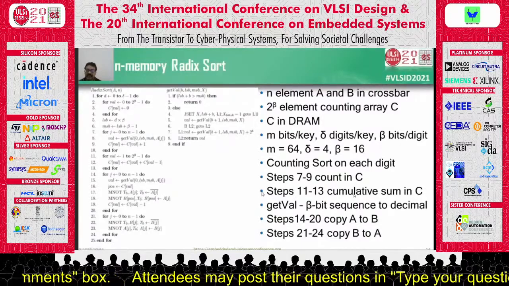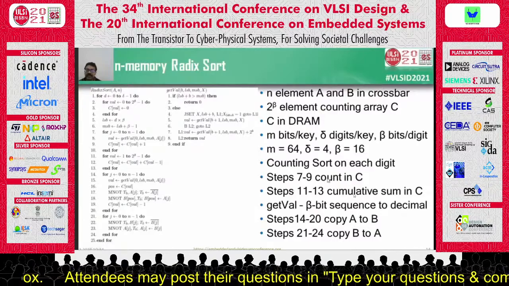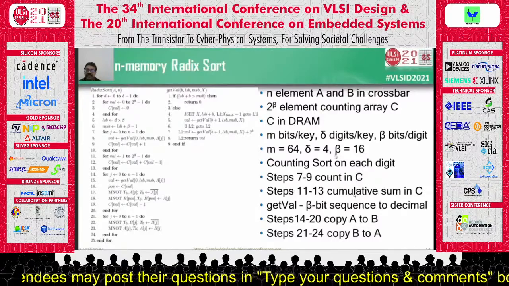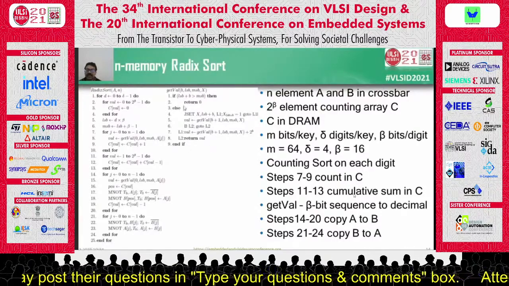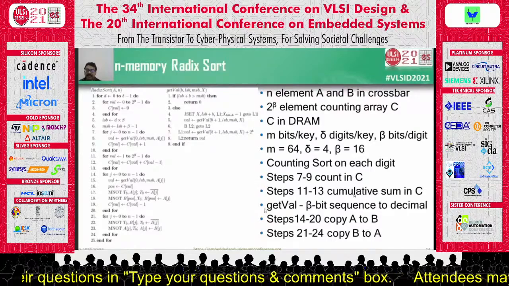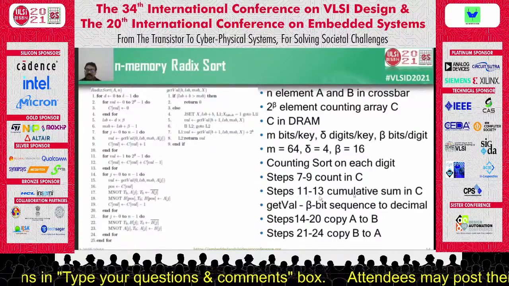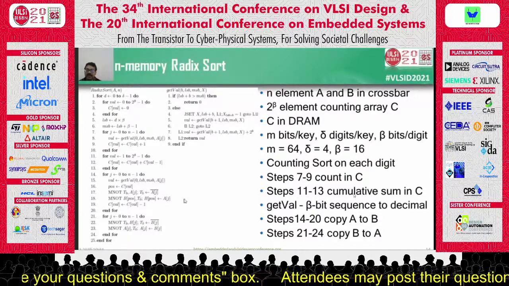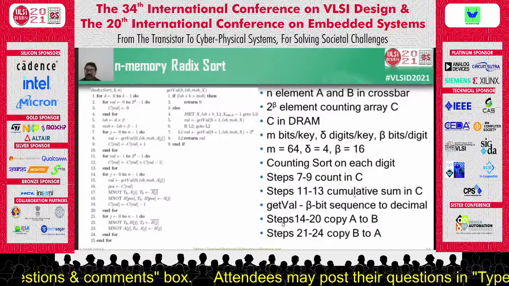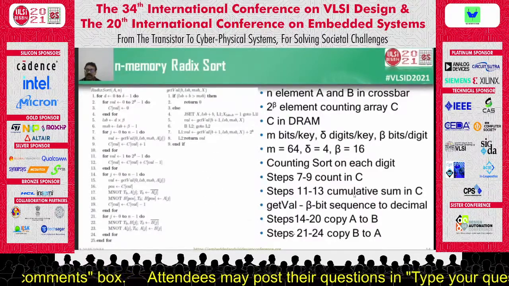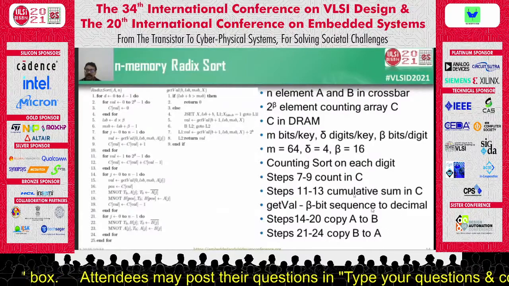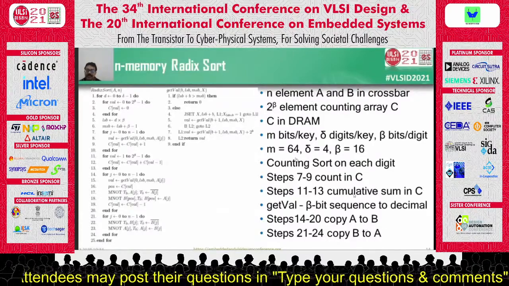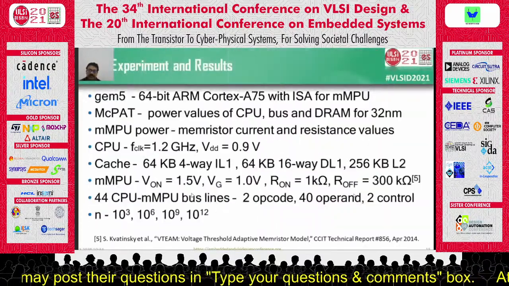Steps 7 to 9 perform the counting in an array C, which is stored within the DRAM, and steps 11 to 13 perform the cumulative sum, as we've seen in the counting sort, and steps 14 to 20 and 21 to 24 perform copy operations, all within the memory.